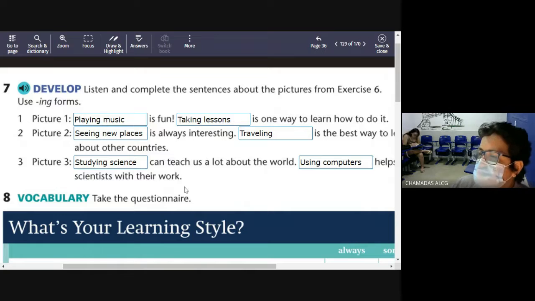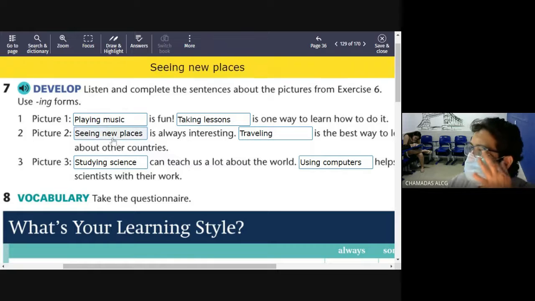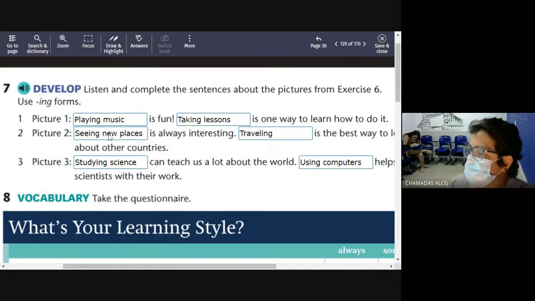The previous exercise. And they say, use ing forms, all right? So if you missed last class, you can copy the answers, no problem. I will play the audio anyway, all right, people, because this is very important, okay?